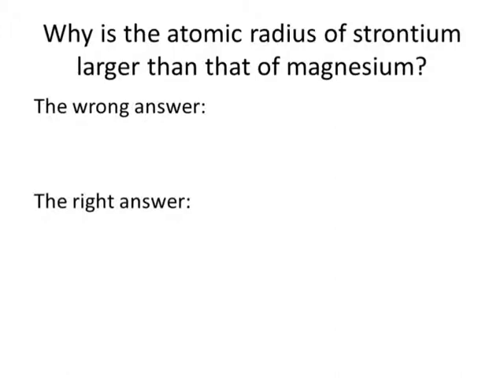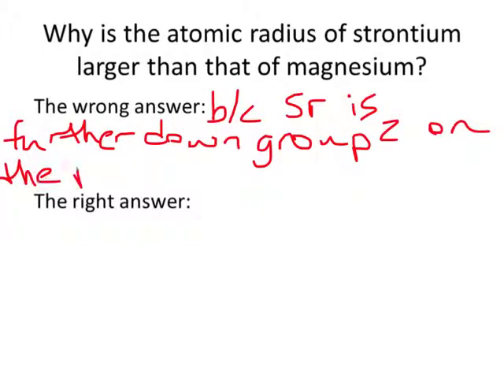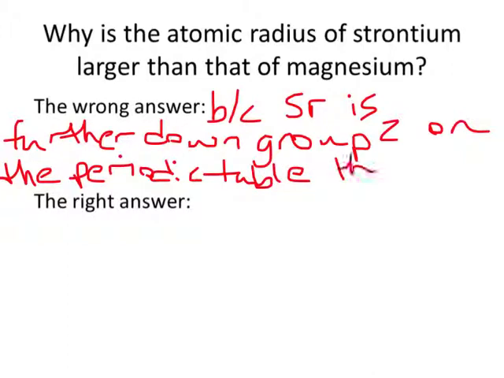A response that students commonly give that is wrong would be to say that strontium is larger than magnesium because strontium is further down, group 2, on the periodic table, than calcium. That's an incorrect response.